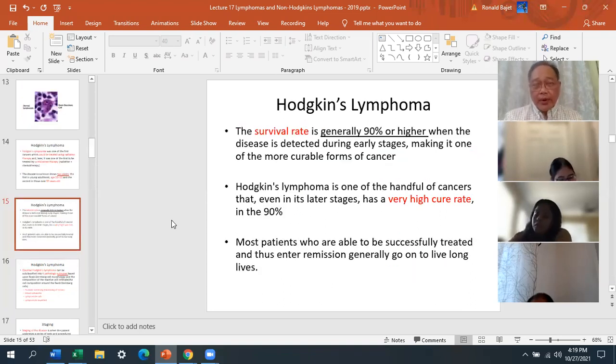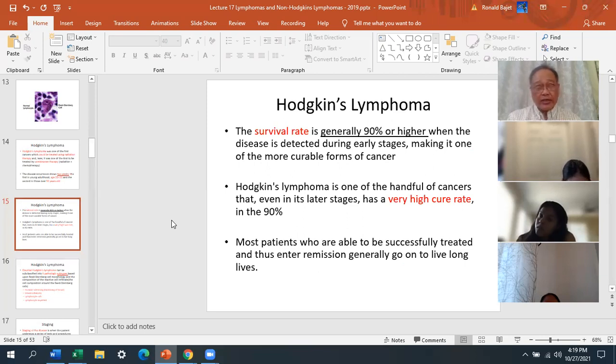The survival rate, I think originally Hodgkin's lymphoma was thought to be a terminal disease, but people can live with it. The survival rate is generally 90% or higher when the disease is detected during the early stage, and they can treat it, making it one of the more curable forms of cancer.